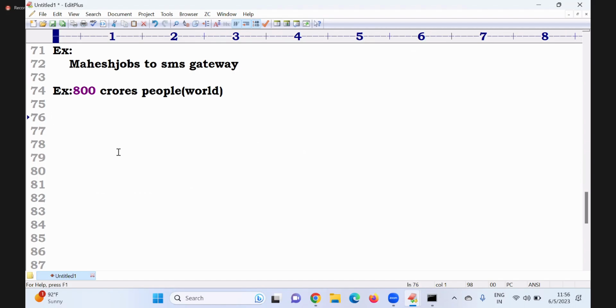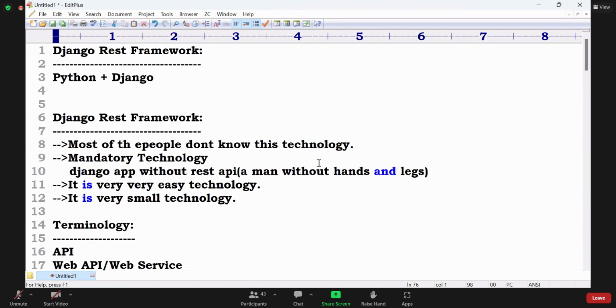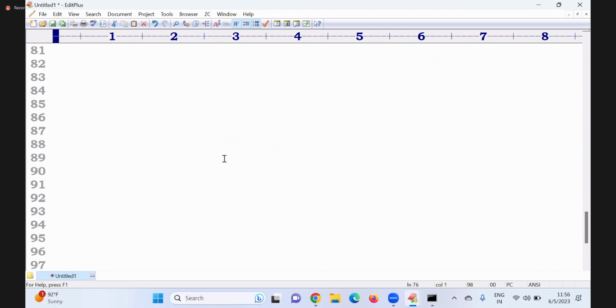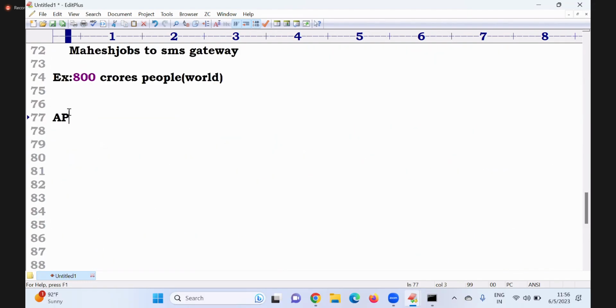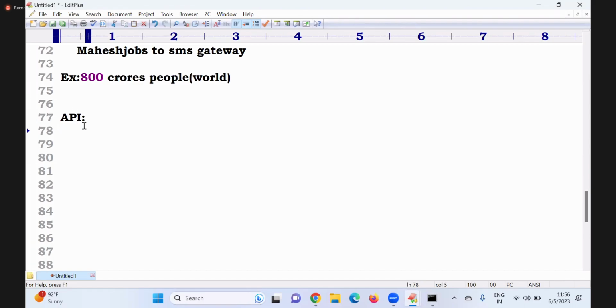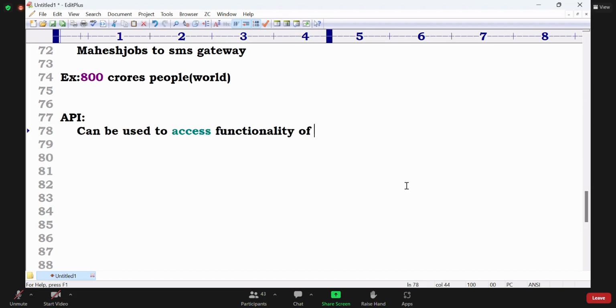Up to now, whatever I have been explaining, based on this, now you have to tell what is API. Don't tell the abbreviation; API means application programming interface. What is the purpose of API? It can be used to access the functionality of any application.